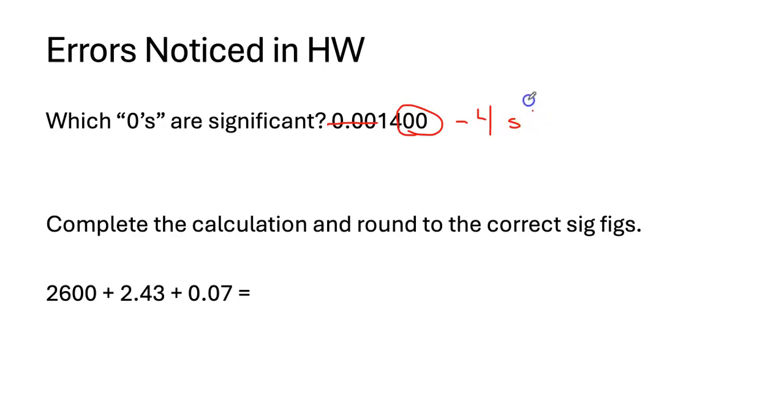And so another problem I noticed, this wasn't the exact problem, was that you were asked to add something like this and then round to your correct number of significant figures. So what did you get for that? Well, hopefully you're knowing that you're adding, and so we're looking for the decimal place. So I see that the hundreds here is my least significant figure there.